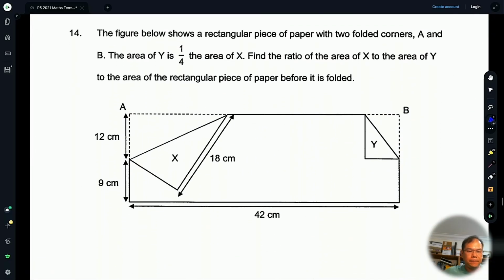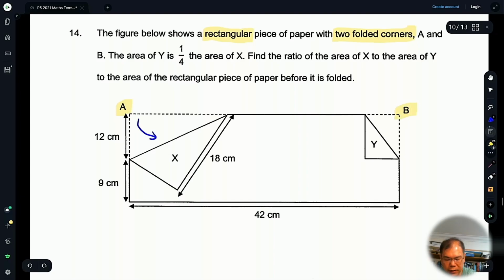Question 14. Now the area below shows a rectangular piece of paper with 2 folded corners, A and B. Okay, so that means this corner is folded down and this corner is folded down.